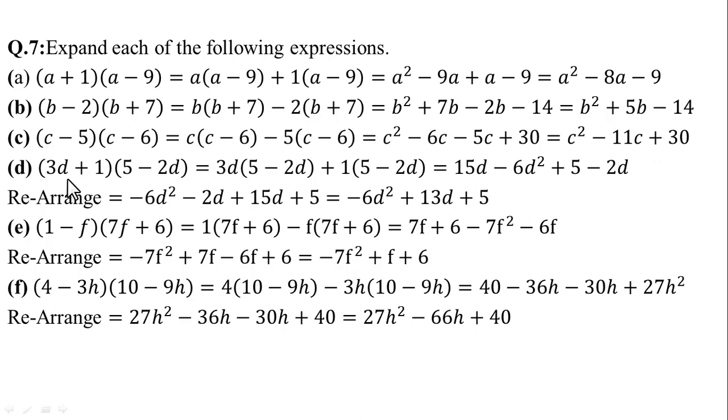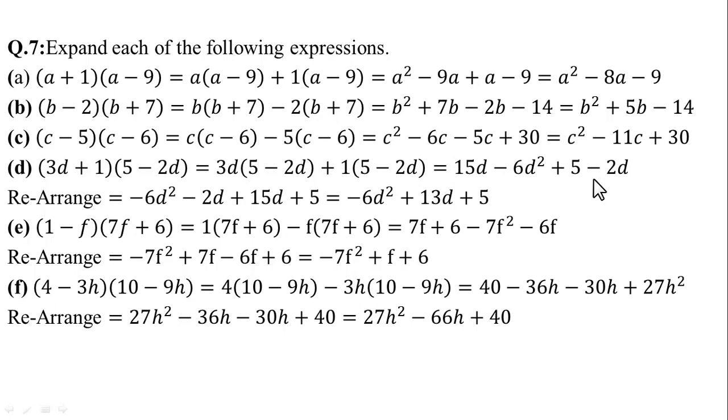In D part, (3d + 1)(5 − 2d). Here 3d multiplied by 5 − 2d, plus 1 into 5 − 2d. 5 threes are 15d minus 3 twos are 6d square, plus 5 ones are 5, minus 2 ones are 2d.